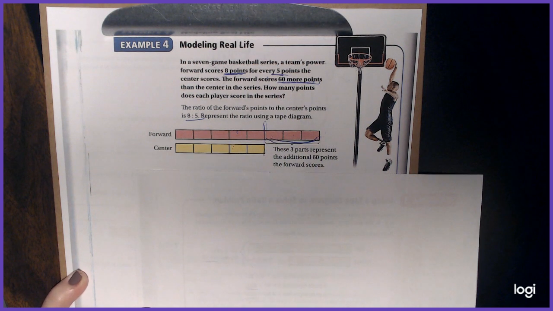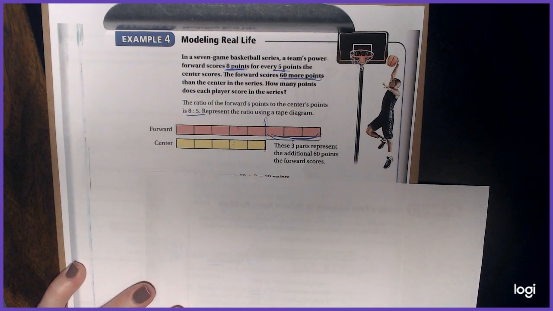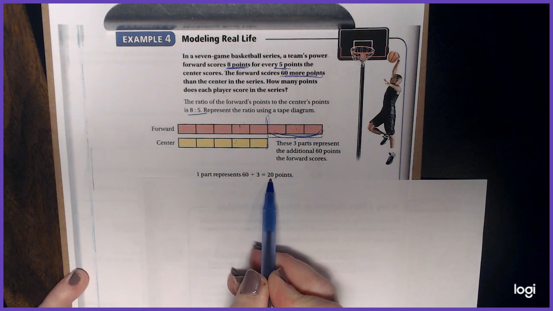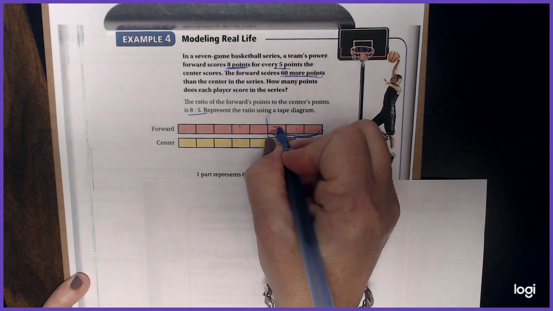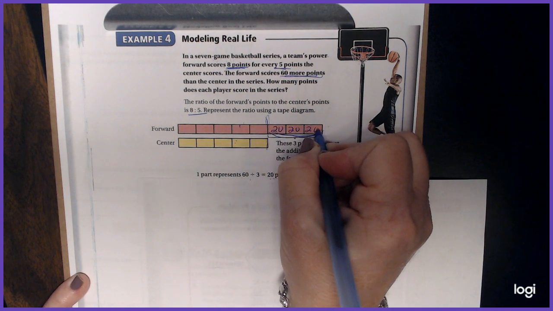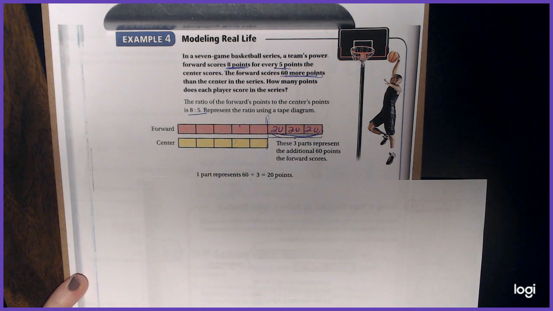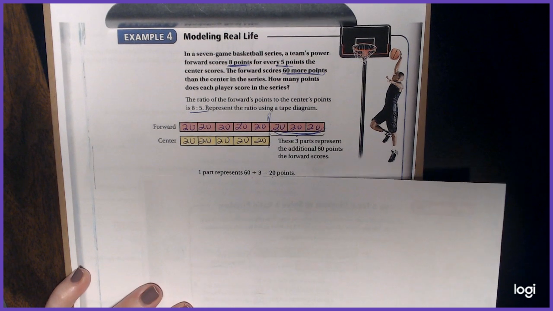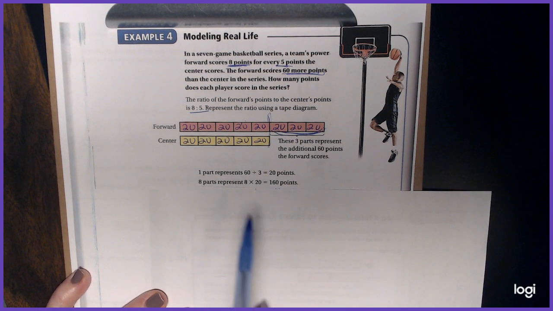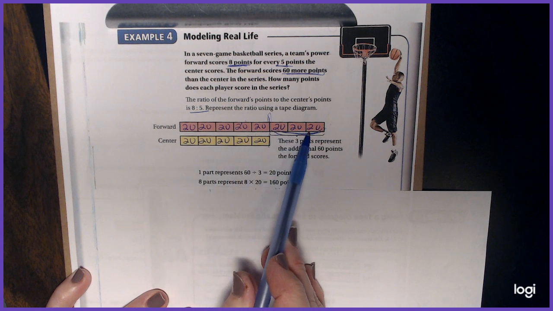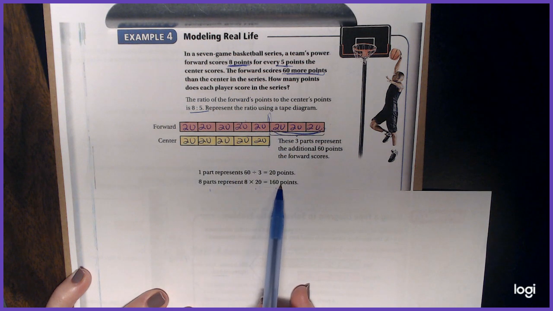Well, if I would take 60 and divide it into 3 boxes, I would get a total of 20. So that means all of these are 20. If these boxes are equal to 20, guess what the rest of the boxes are equal to? 20. And now that I know what all of the boxes are equal to, I can find out here that I had 8 boxes. 8 times 20 is 160.